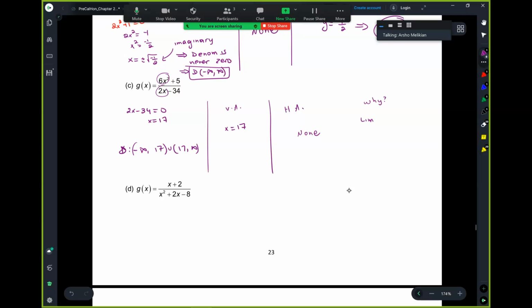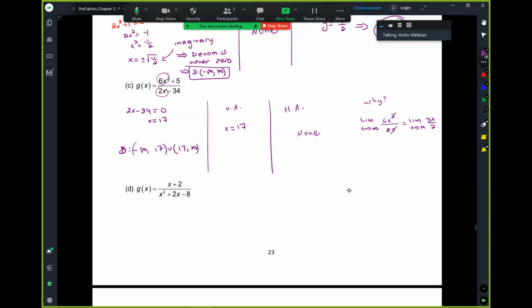Because technically it's the limit as x approaches infinity of 6x squared over 2x. But what happens here? These x's cancel, right? And when the x's cancel, what do you have left? 3x over 2.